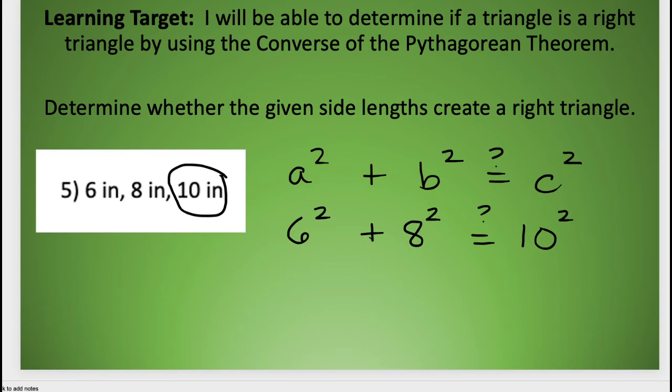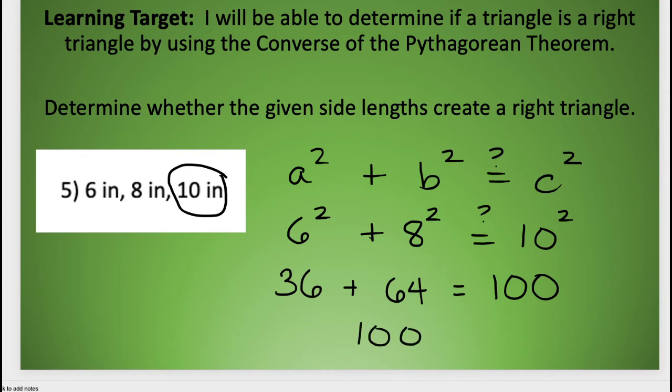6 to the second power, or 6 times 6, is 36. 8 to the second power is 64. And 10 squared, or 10 to the second power, is 100. So now I need to add the two numbers together on the left side. 36 plus 64 is 100.